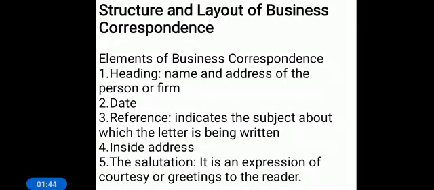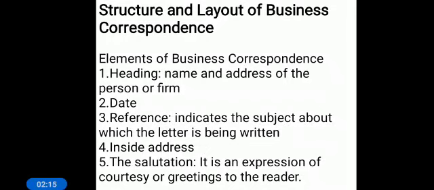So date is an essential and important part of the business because it is necessary for future reference. Next, third one is reference. Reference indicates the subject about which the letter is being written. So reference includes the date and subject of the previous correspondence. So being a businessman, you have to deal with different parties, right?